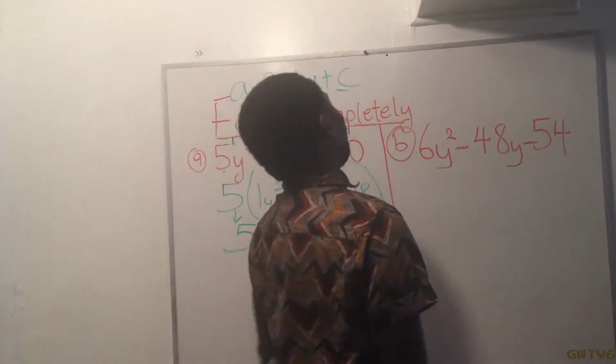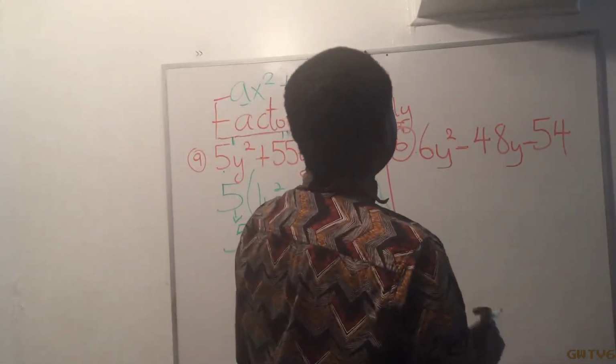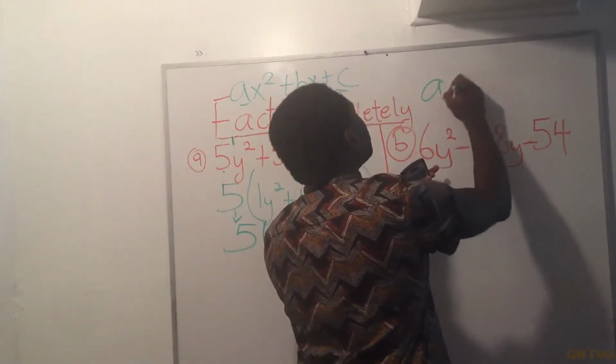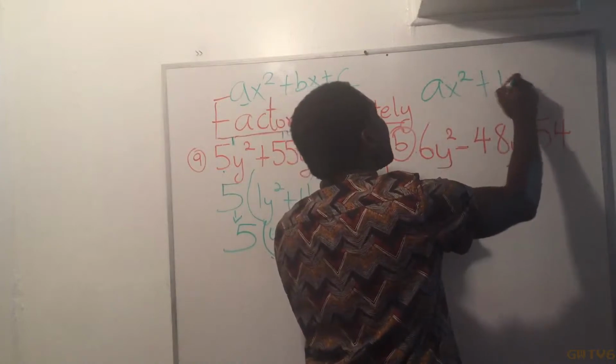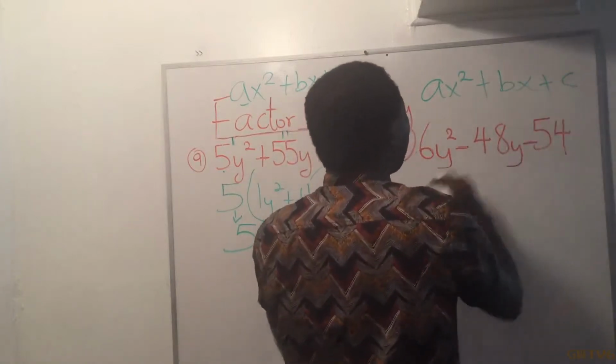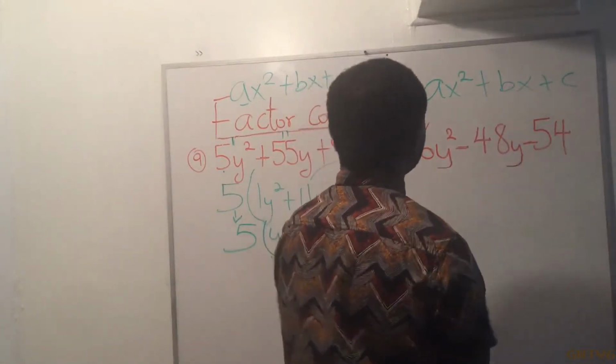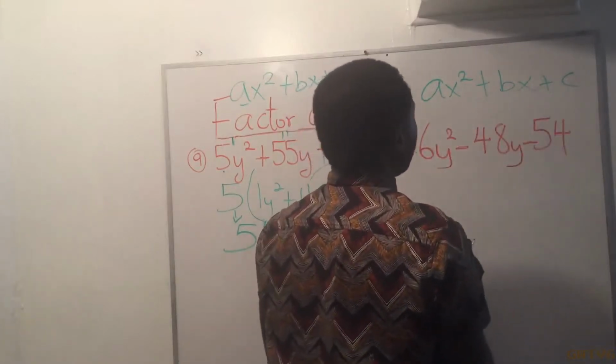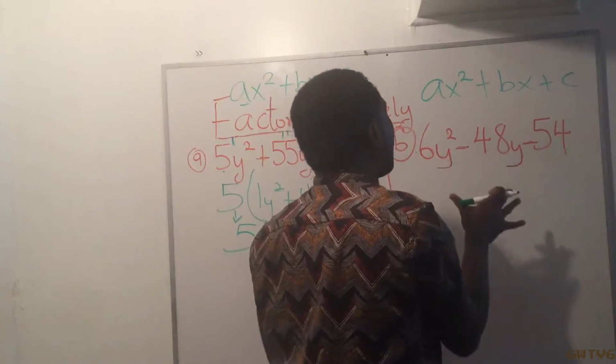Alright, now let's see if I can do this one too. So this one, looking at this, I have 3 terms. And it's also in this form, ax squared plus bx plus c, but the numbers are too big again. So I'm not just going to do the AC method right away. I have to try to break this down.